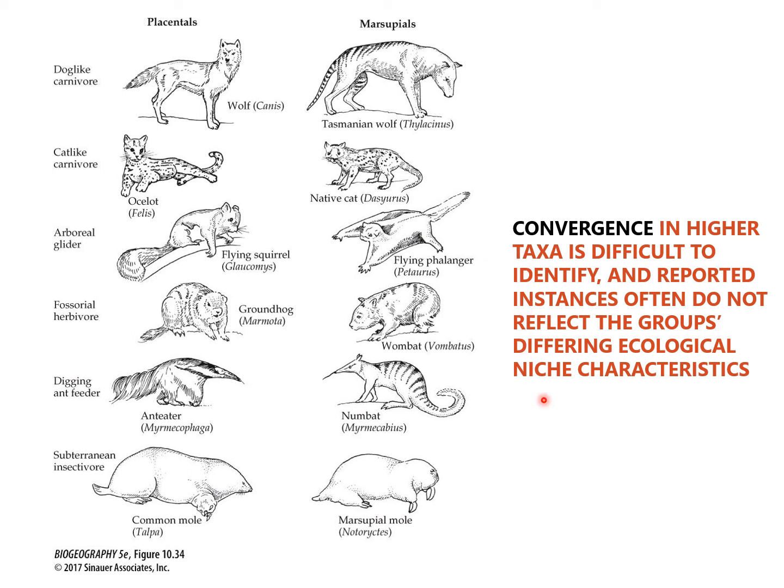Something worth mentioning is that convergence in higher taxa is kind of difficult to identify. Convergent evolution happens all the time, and we can identify it in individual species, but identifying it in higher groups is a little more difficult. Usually when it's reported, the instances don't necessarily reflect that the different groups have different ecological niche characteristics.